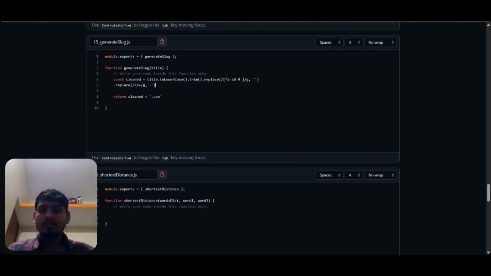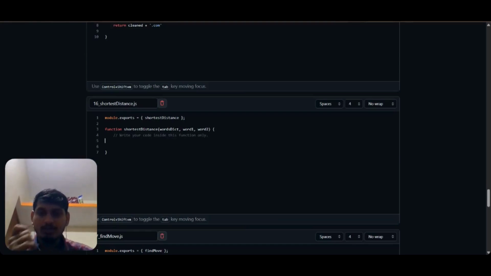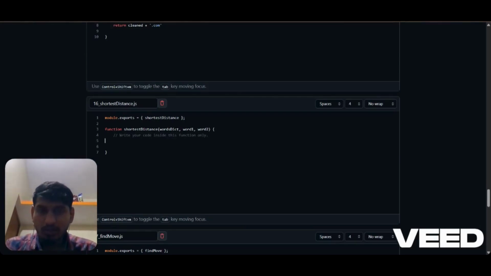The fifth problem is shortest word distance. Here, the approach is to traverse through the words while tracking the latest indices of word one and word two.